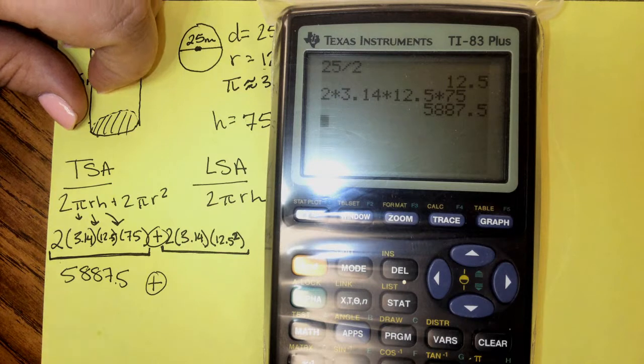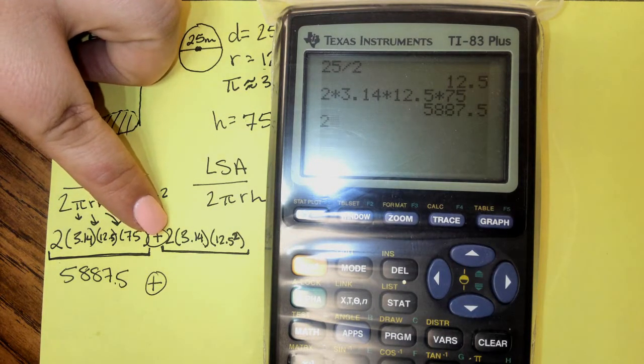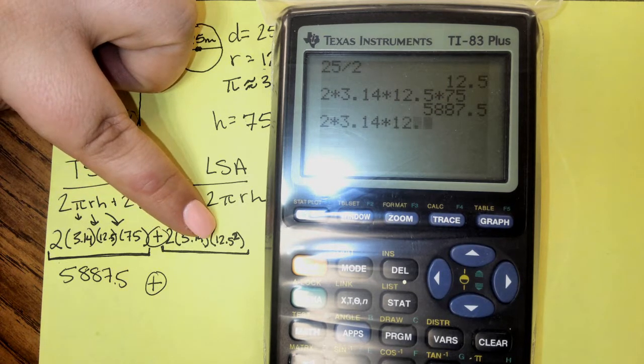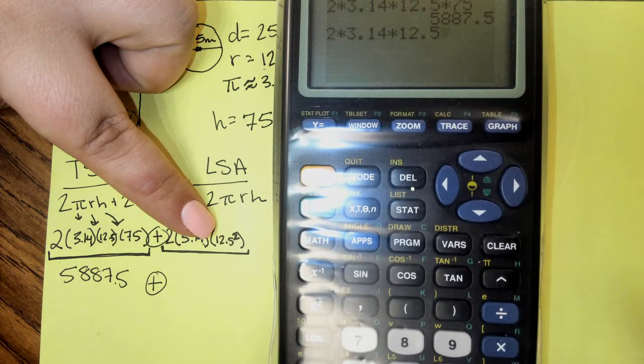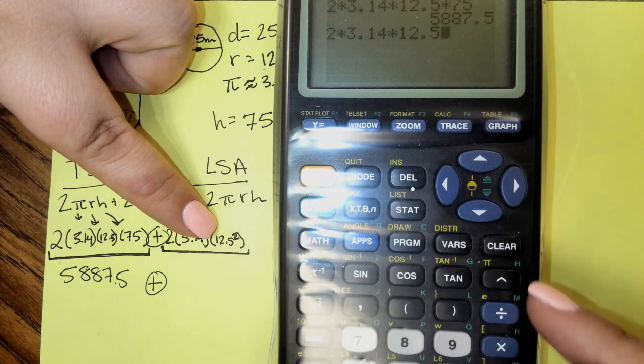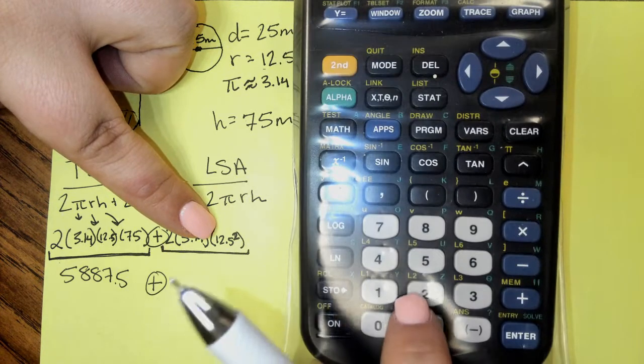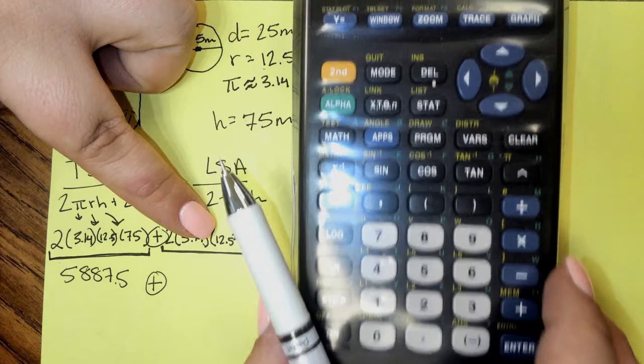The next multiplication problem is 2 times 3.14 times 12.5 squared. To get the square, I like to use the caret top, and then our exponent is a 2.